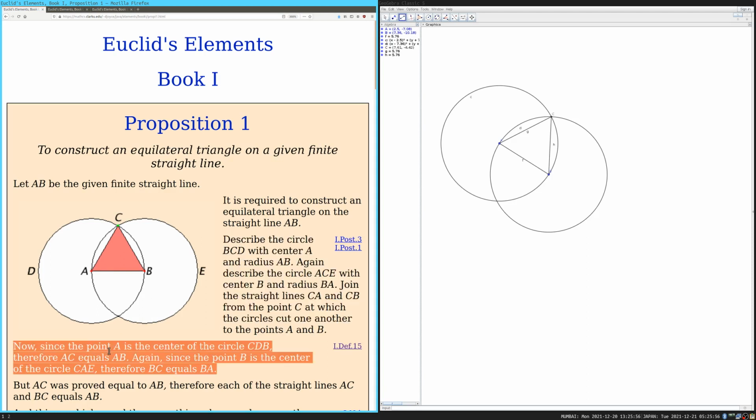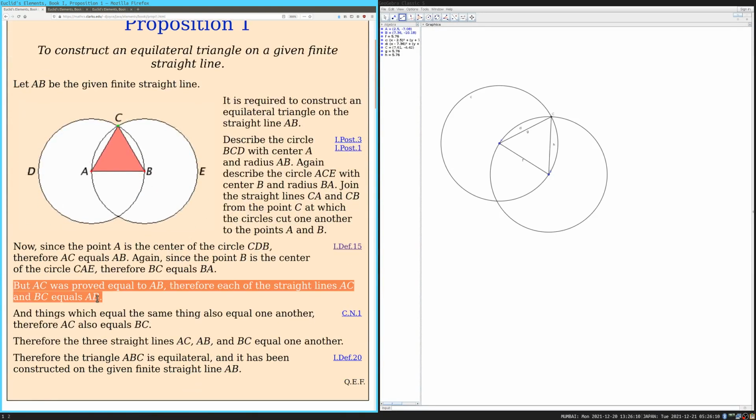Now, since point A is the center of the circle CDB, therefore AC equals AB. Again, since the point B is the center of the circle CAE, therefore BC equals BA. But AC was proved equal to AB, therefore each of the straight lines AC and BC equals AB.